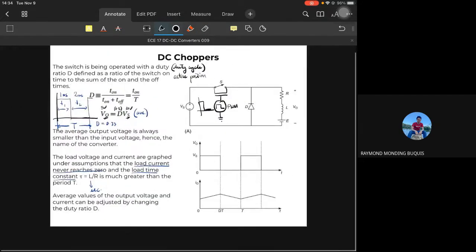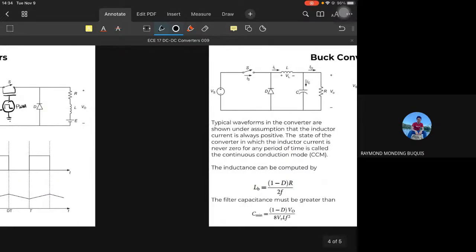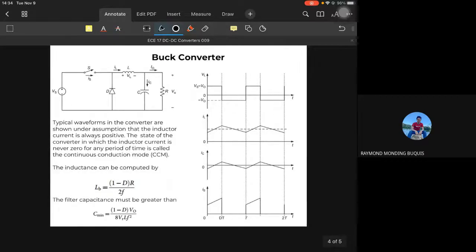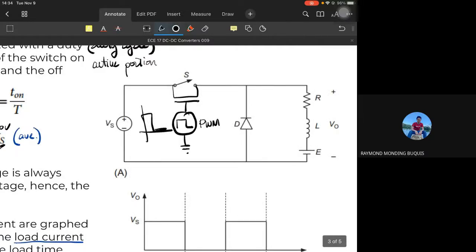So this DC chopper is the basic building block for buck and boost converters. If we tweak it a little, this is the circuit for the buck converter. We place a capacitor here. They are in series, so we just switch their positions, then put a capacitor here.